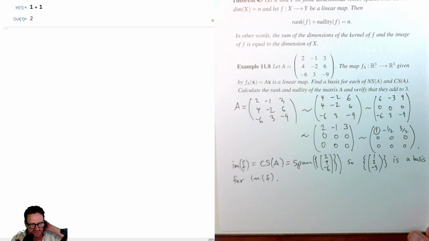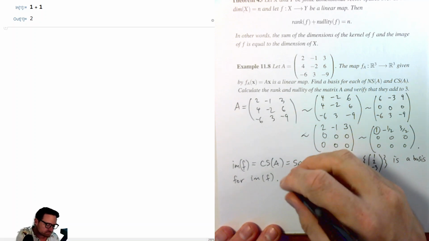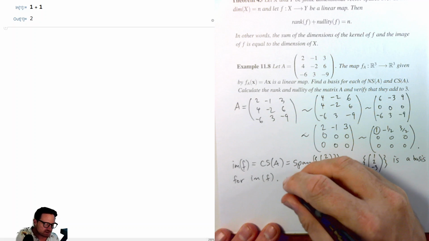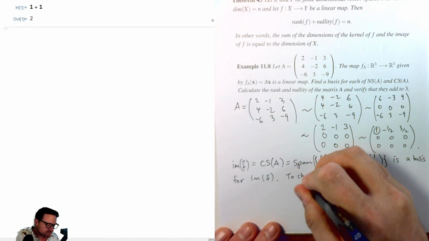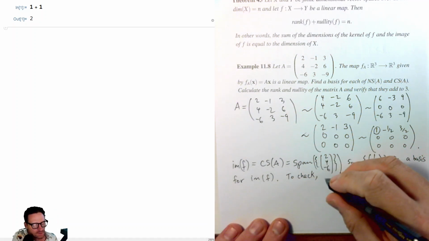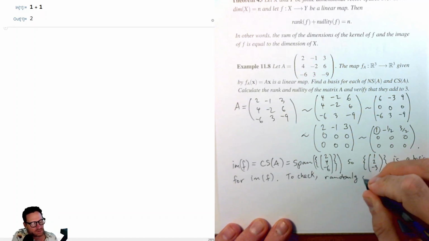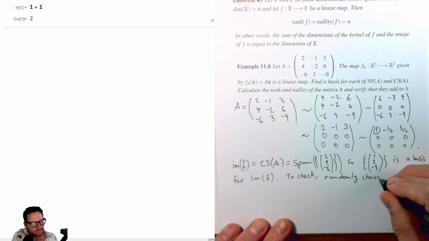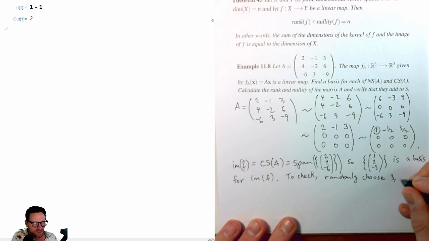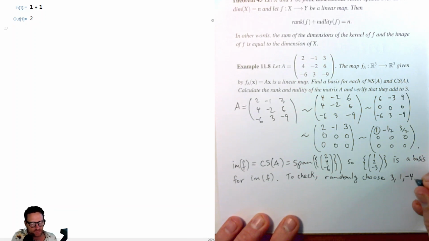Okay, so let's just check. Take an arbitrary element of the domain, randomly choose (3, 1, -4, for example.